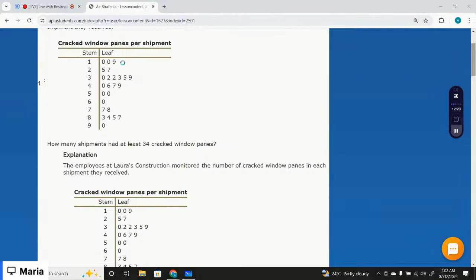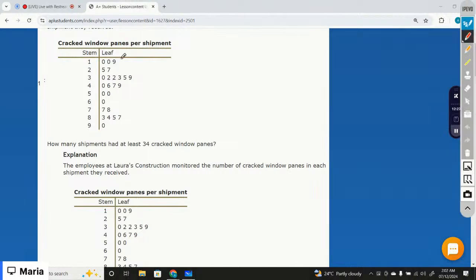The numbers you can make from the stem 1 are 10, 10 and 19. This is the ones digit and this is the tens digit. So these are the values they make together, right? For the stem 2, the leaves are 5 and 7, so you can make 25 and 27.